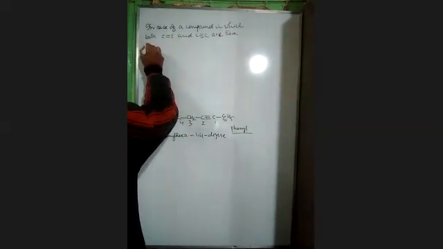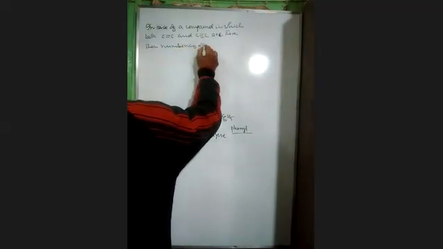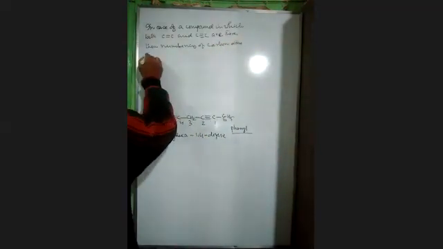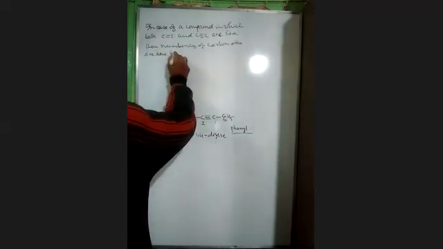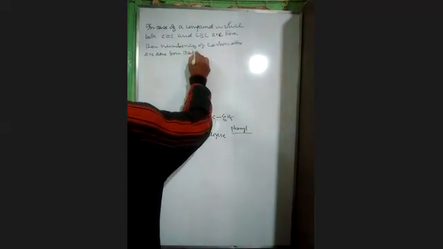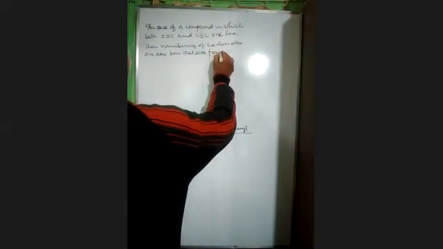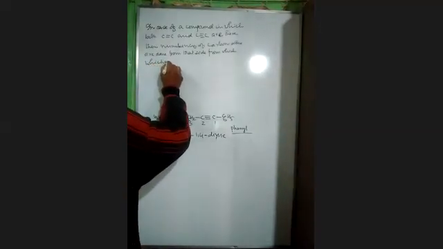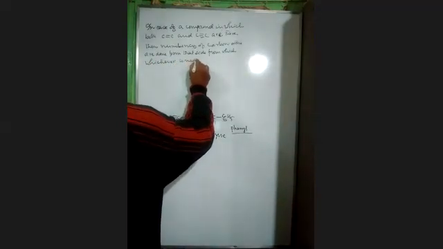Then numbering of carbon atoms are done from that side from which whichever is nearer.